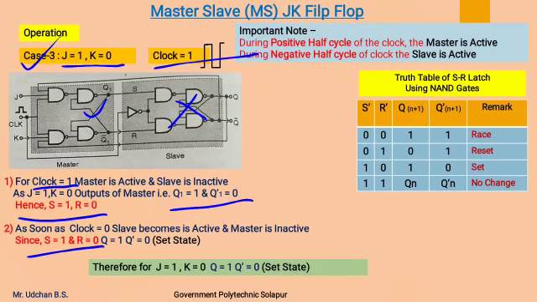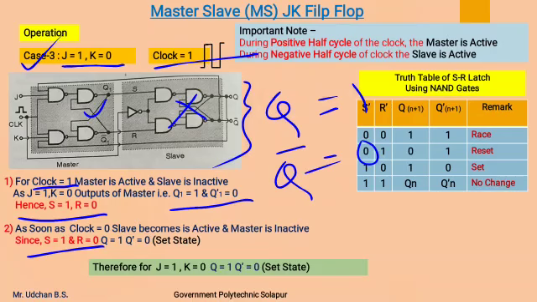Since S is 1 and R is 0, the output of the SR flip-flop, Q, will become 1 and Q complement will become 0. We already know from the study of the SR flip-flop how the values of Q and Q complement change with the variation of S and R. So using that, Q will become 1 and Q complement will become 0. So the output will get set for J 1, K 0.